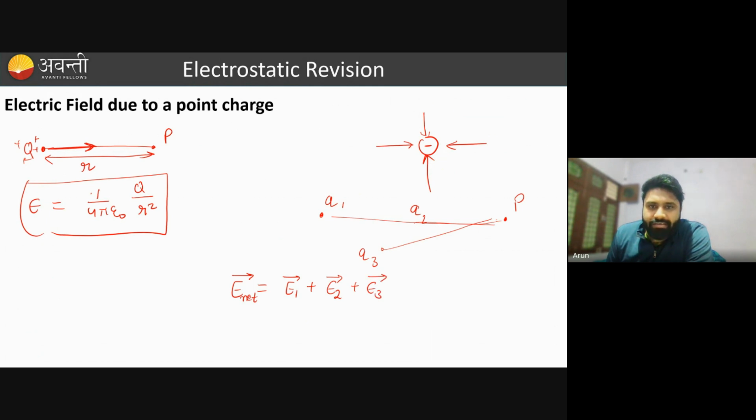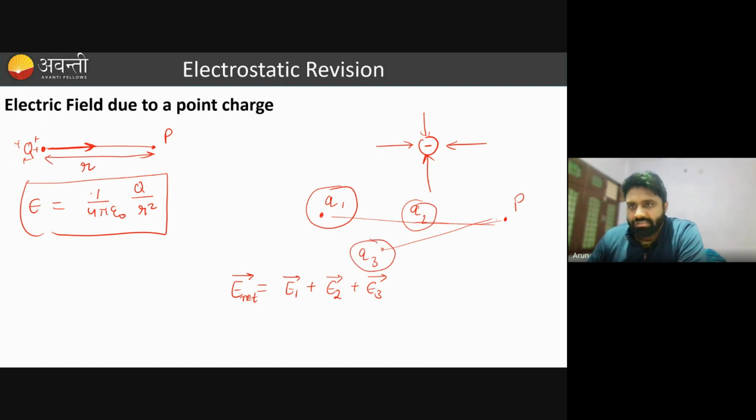In this system we have three charges, so we take three electric fields, so that the electric field by Q1 will not be disturbed by Q2, and it is also not disturbed by Q3. This is the superposition principle. The net electric field will be given by the vector sum of the electric fields by the individual charges.